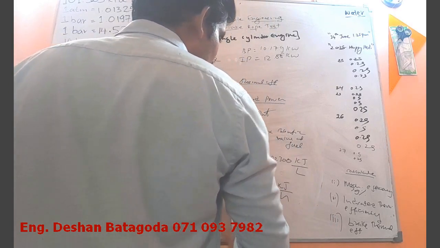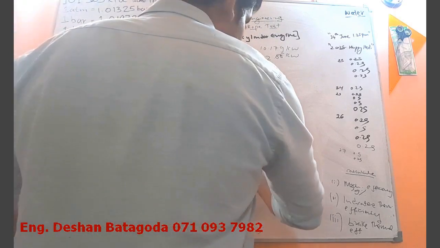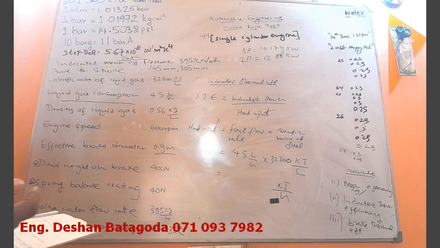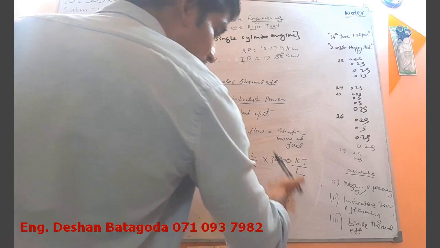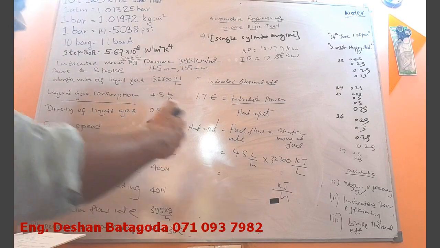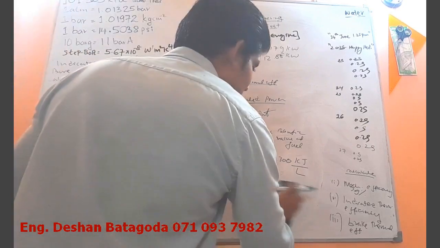This multiplied by that will give you kilojoules per hour. Now we want it in kilowatts, so this answer we will again divide by 3600.